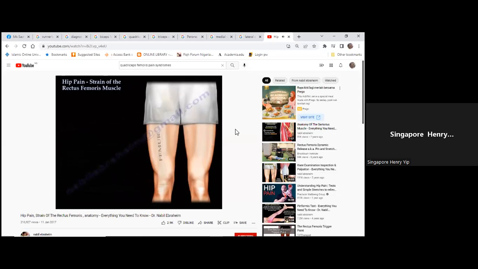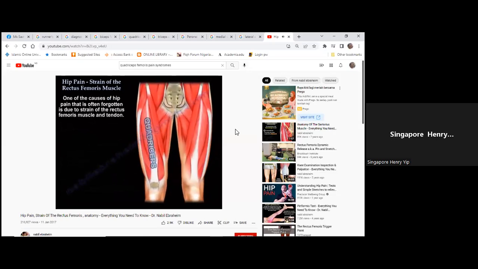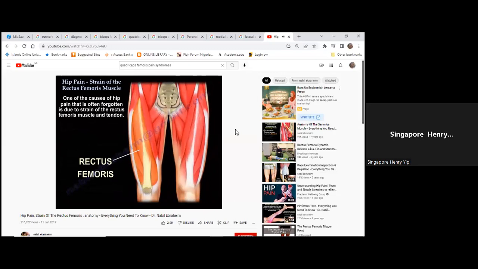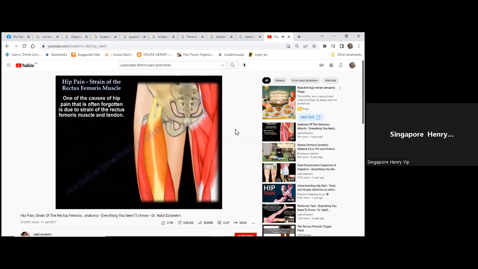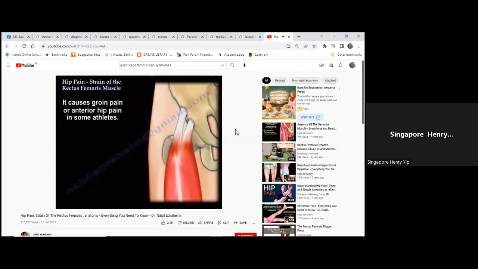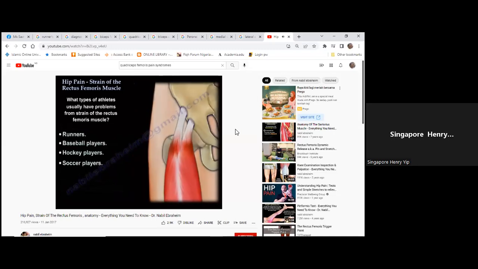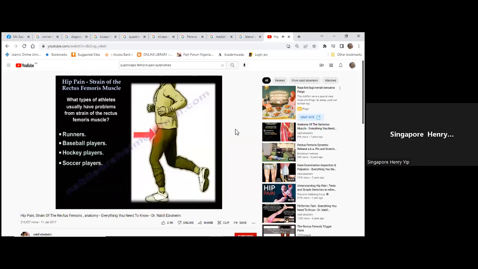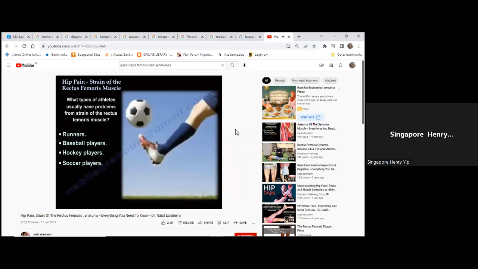Hip pain is strain of the rectus femoris and its anatomy. One of the causes of hip pain that is usually forgotten is a strain of the rectus femoris muscle and tendon. It causes groin pain or anterior hip pain in some athletes. Who are these athletes that get problems from rectus femoris strain? Runners, baseball players, hockey players, soccer players.